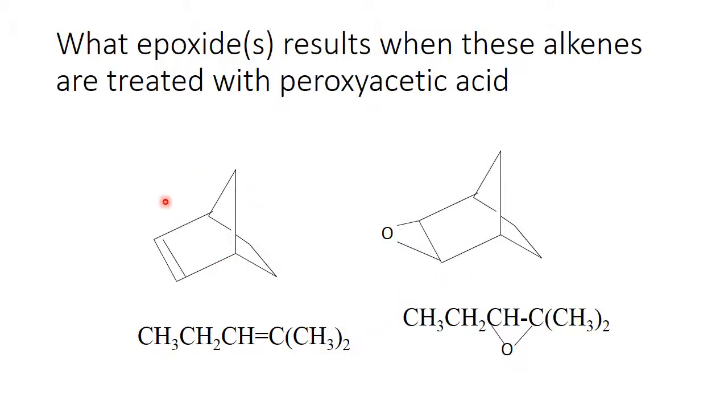So I just redrew this over here, erased this double bond, and then put a bond and a bond to oxygen in a three-membered ring. That's exactly the same thing that I did. I took this compound and redrew it over here. I erased the double bond, and then I drew the epoxide in to the carbons that used to be in that double bond.